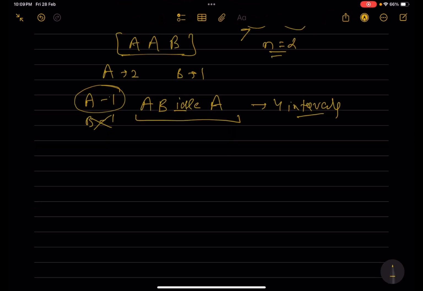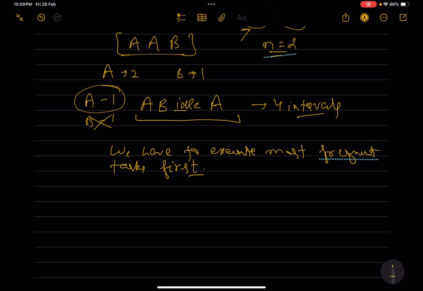So based on this observation, we can say that we have to execute most frequent tasks first.